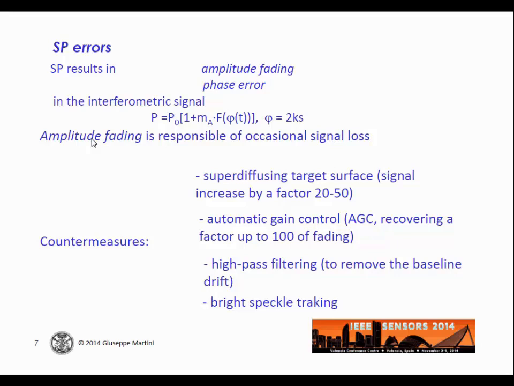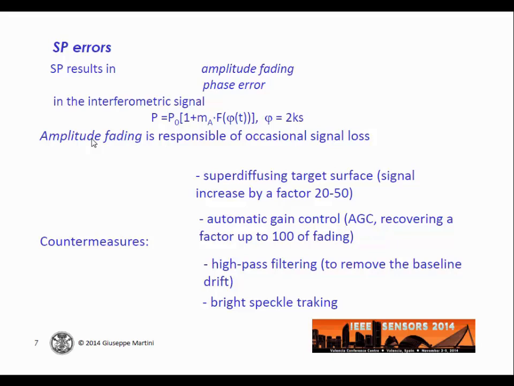Amplitude fading is responsible for occasional signal loss, and if you have no signal, you can't measure anything. And so we can cure amplitude fading by some countermeasures, and some of them are listed here.